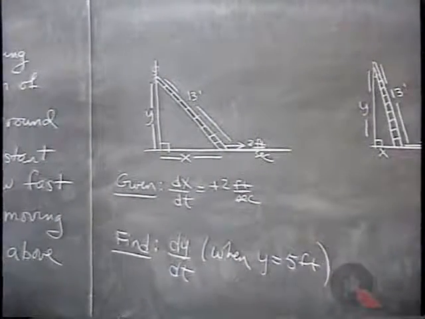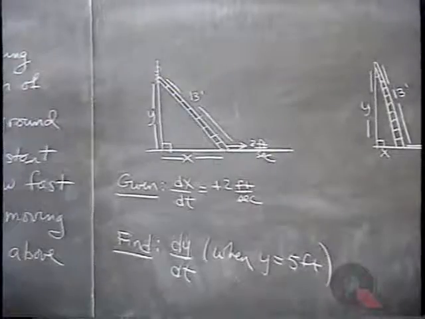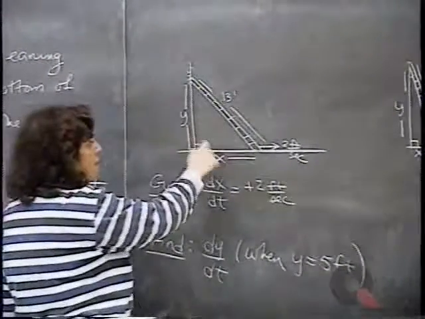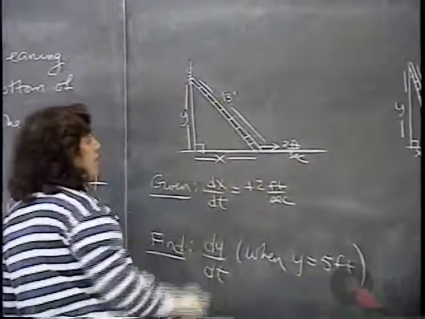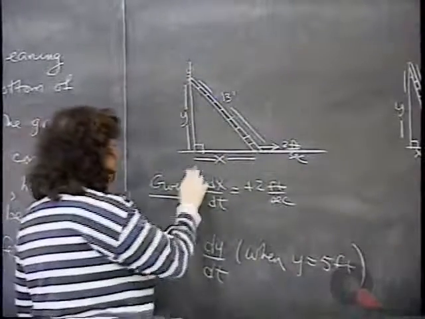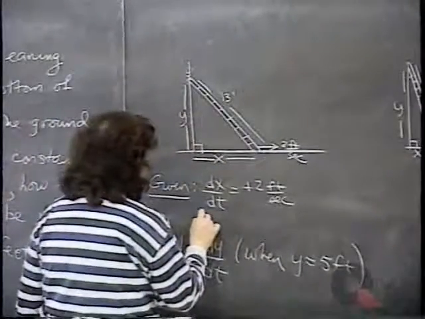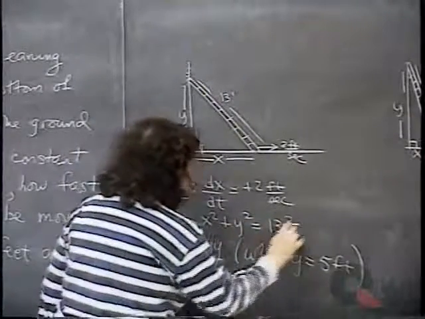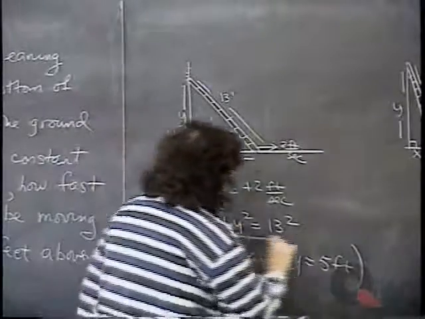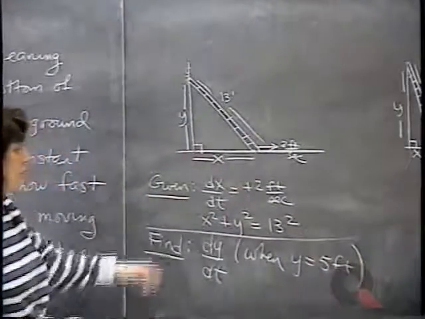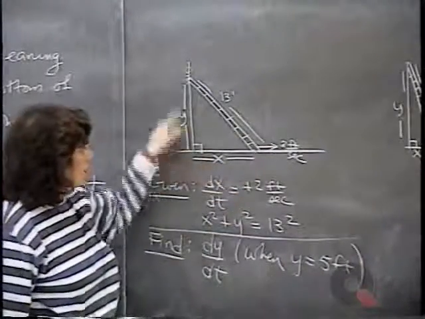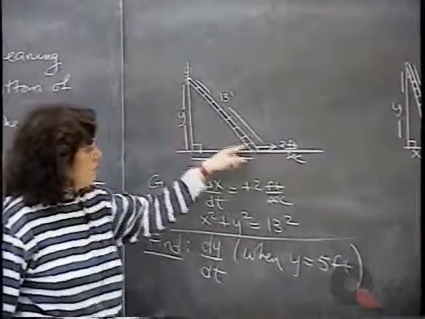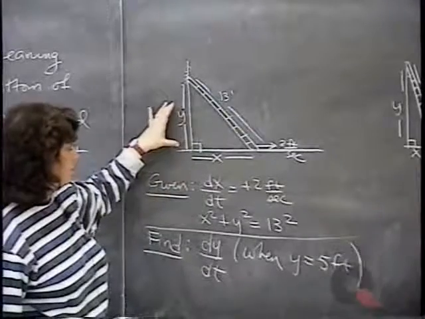We have dx/dt, we want to find dy/dt. The ideal situation is an equation linking x and y. And we have that because we have a right triangle. The Pythagorean Theorem tells us that x squared plus y squared must be equal to 13 squared. The sum of the squares of the legs of this right triangle is equal to the square of the hypotenuse.